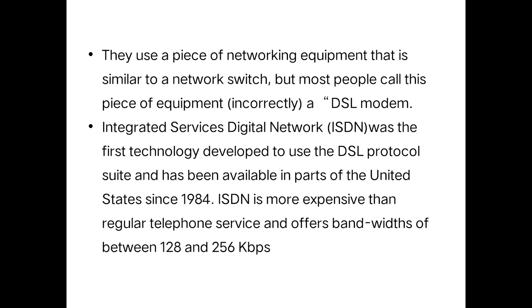ISDN is more expensive than regular telephone services and offers bandwidth of between 128 and 256 kbps. Integrated services digital network, which means ISDN, was the first technology developed to use the DSL protocol suite and has been available in parts of the United States since 1984.